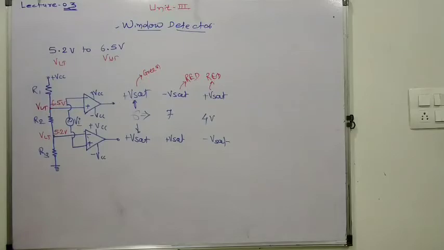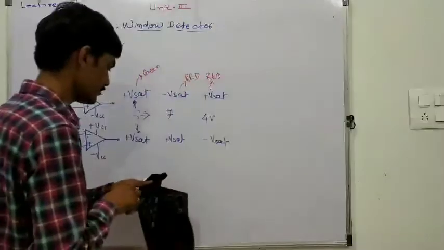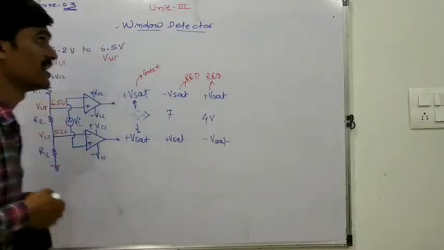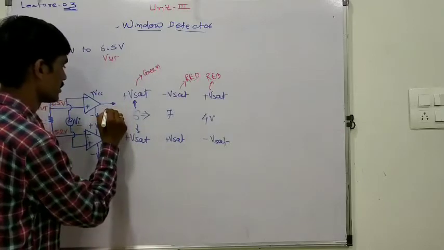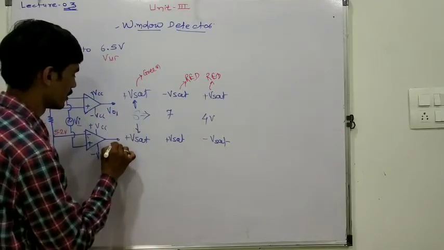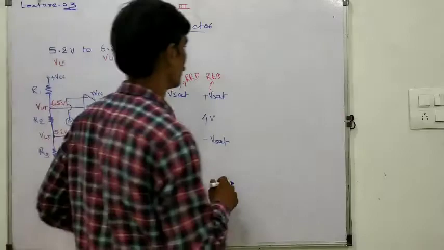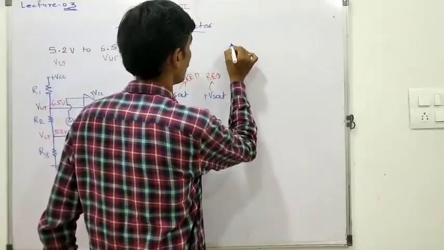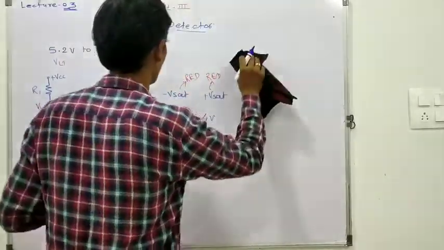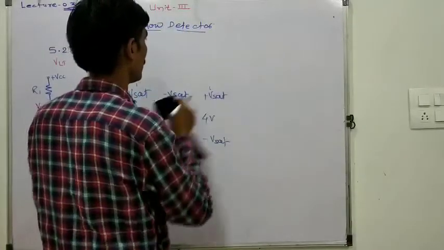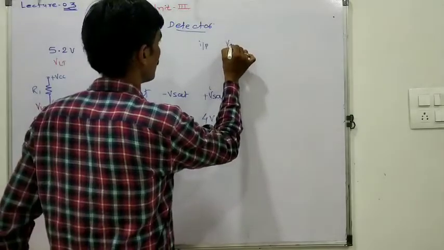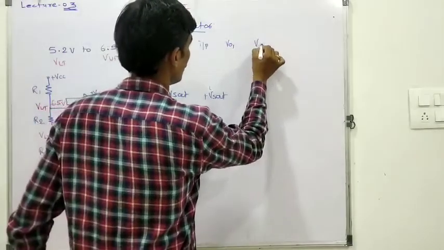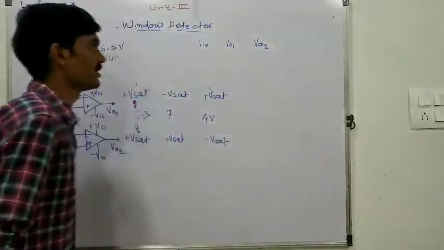Or we can simply form a table. How can we draw the table? That is input voltage, then VO1, and this is VO2. So we just form a table. Is it right?